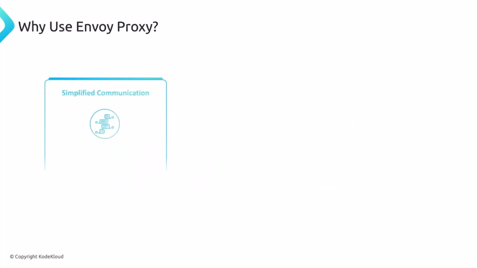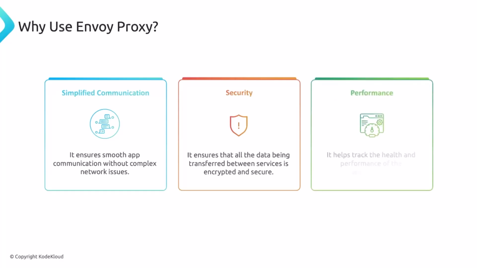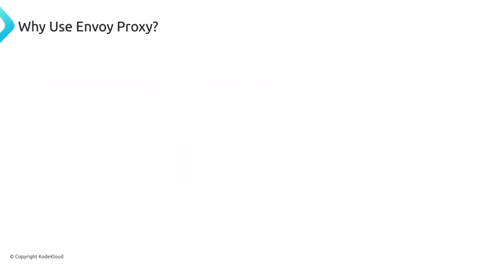So why use Envoy Proxy? Well, simplify communication. Envoy Proxy makes sure that all applications can communicate with one another without worrying about complex network problems. Security, right? It ensures that all the data being transferred between services is encrypted and secure. Performance, Envoy Proxy helps track the health and performance of your applications.